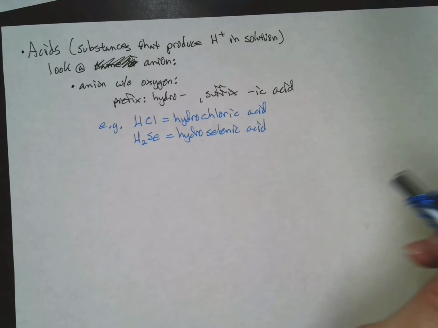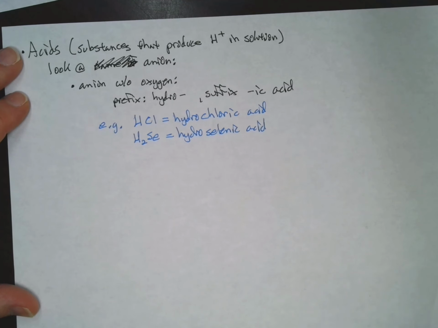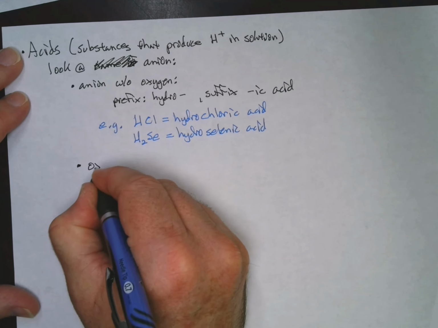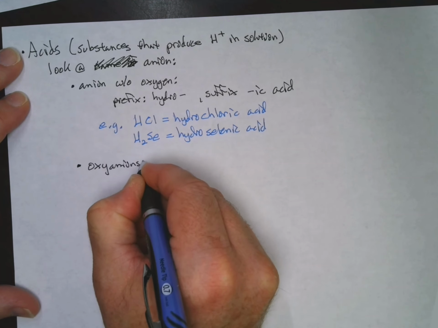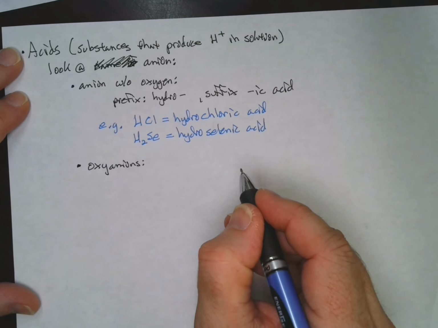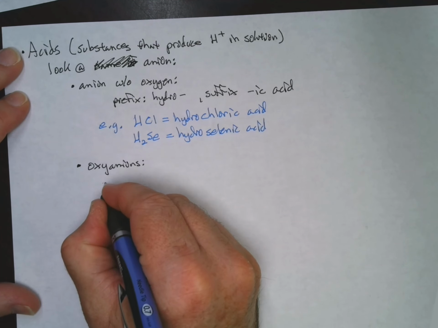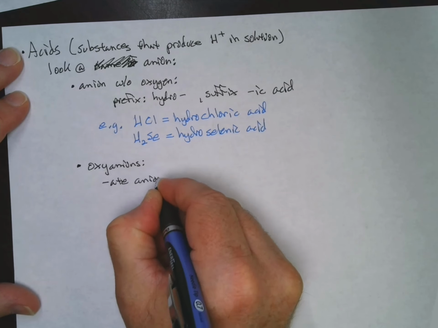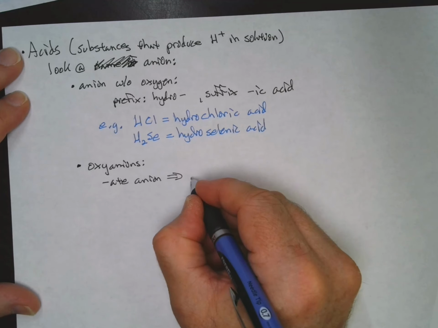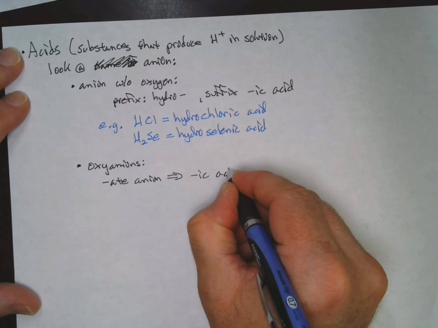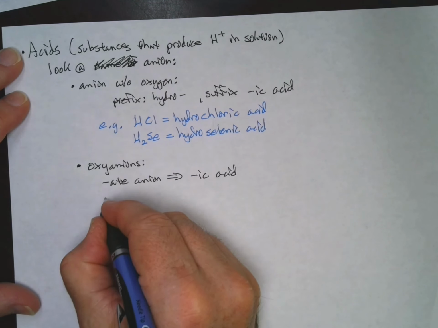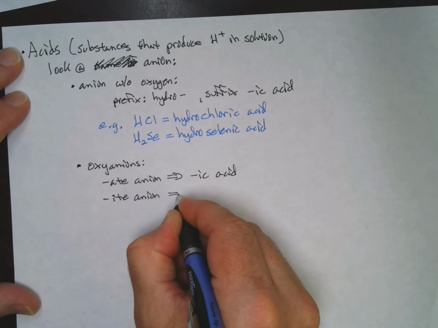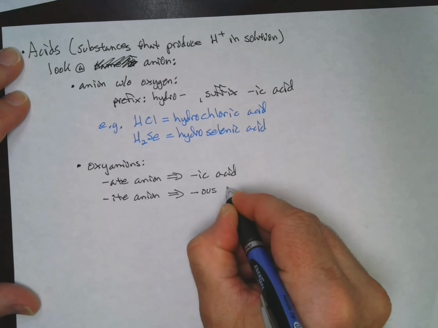All right, if we do have an anion with oxygen, and this is where it's important to know the names of your oxyanions, if the anion is ate, that gives us an ic acid, and if the anion is ite, that gives us an ous acid.